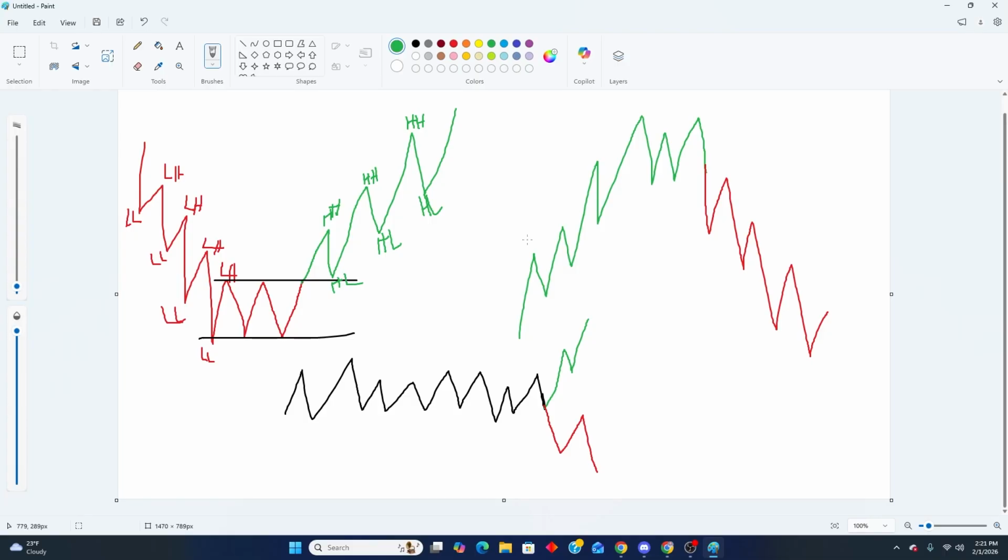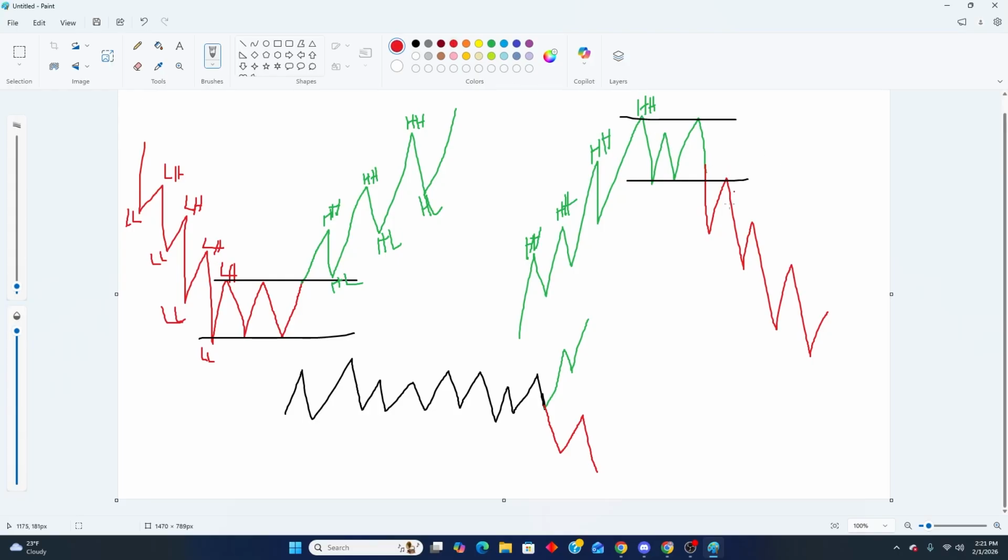Now, buy trend, same thing. Higher highs, but then again, we're not making no more highs, right?